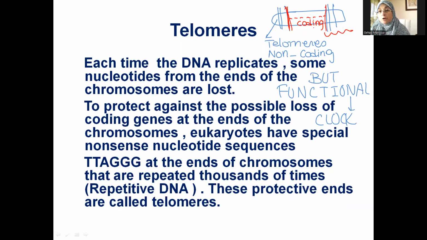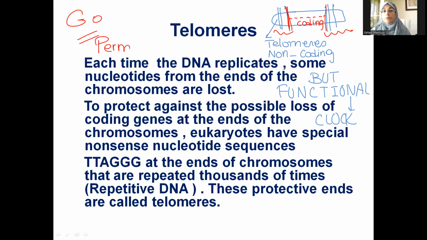So if the cell lost all these telomeres, any further cell cycle will cause a mutation because it will fragment part of the coding DNA and we will be losing or deleting part of the chromosome, but an important part that is coding. So at that time, the cell has to enter the G0 phase of the cell cycle.